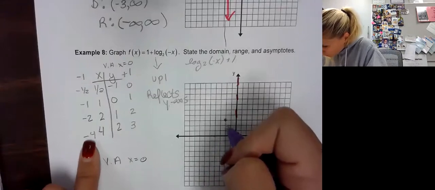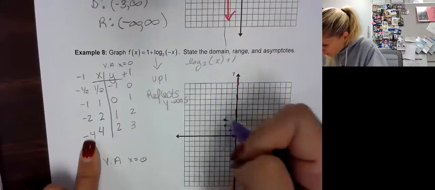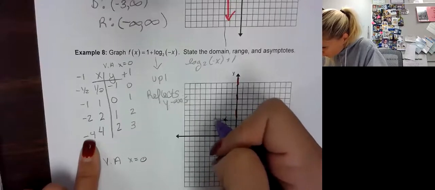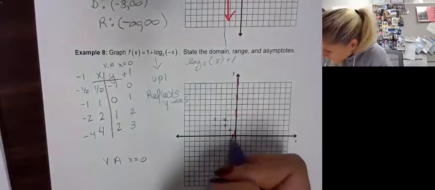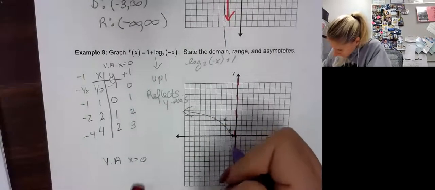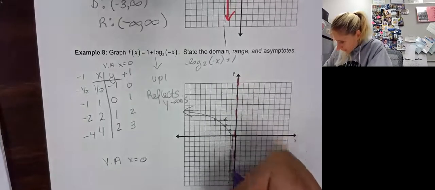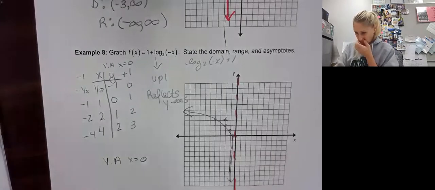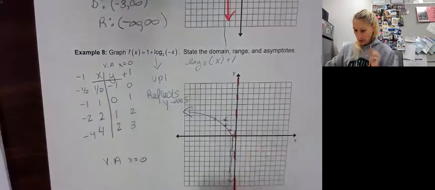Oh, this should be 2, not here. Sorry, guys. 1, 2, 3, 4, 1, 2, 3. There we go. And if I put that together, that goes here, and this comes down. So as you can see, it did that reflection, right? And it moved it up to that point right there.